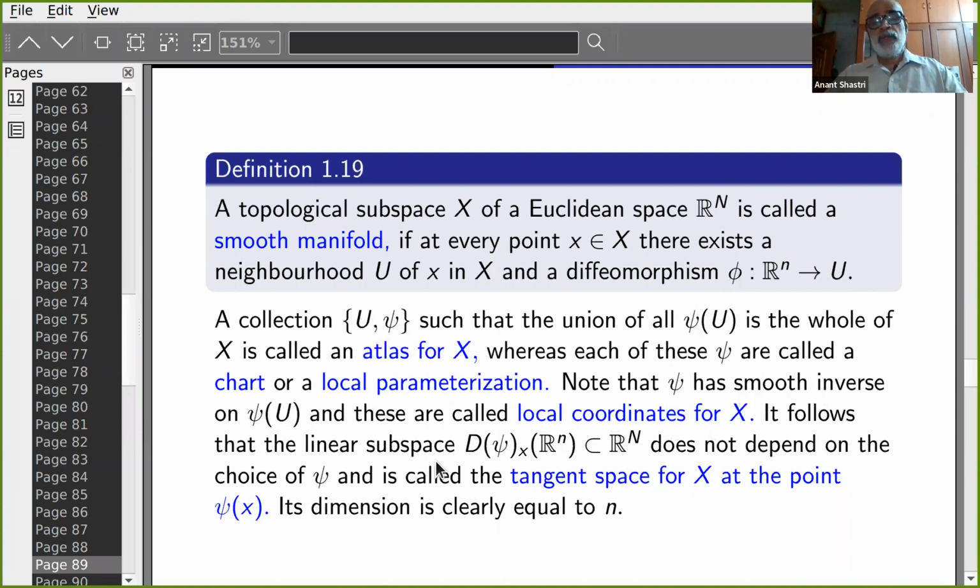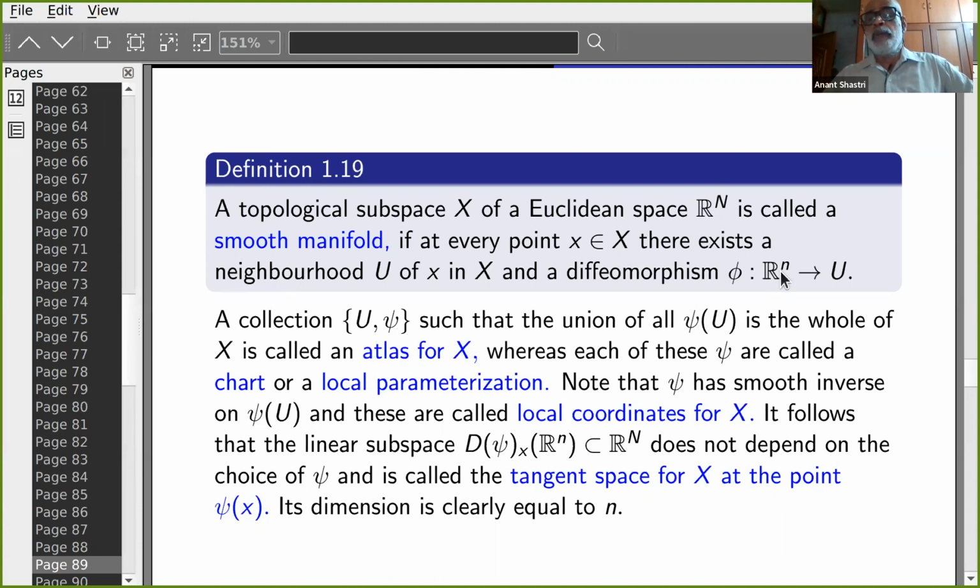All right, so it follows that if you take the derivative of the psi, that will be a map from R^n into R^N, because this U is a subspace of X. The map is from R^n into R^N, taking values inside X. So that will be a linear map from little R^n to capital R^N.